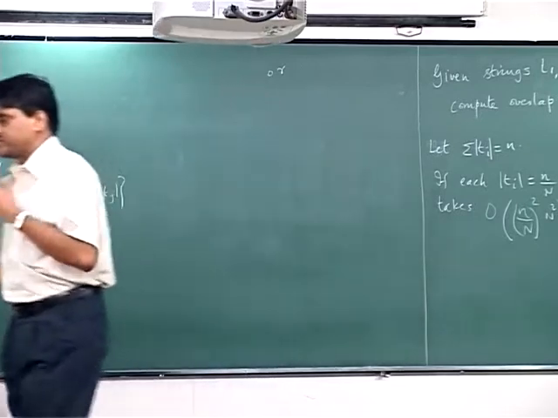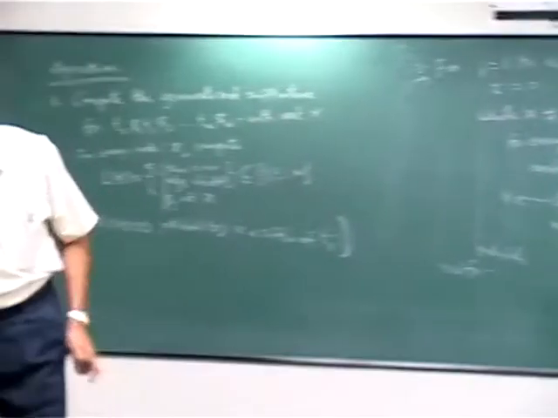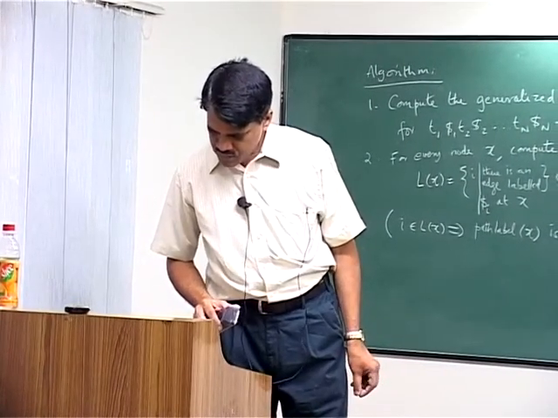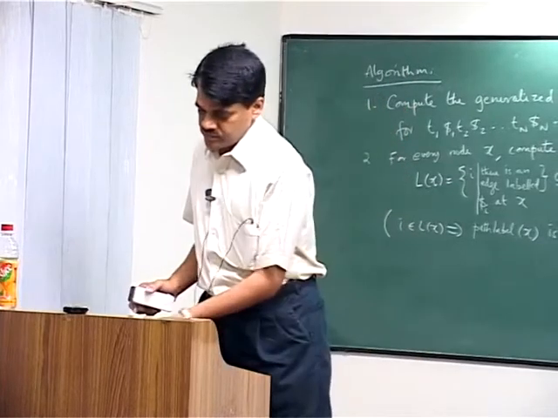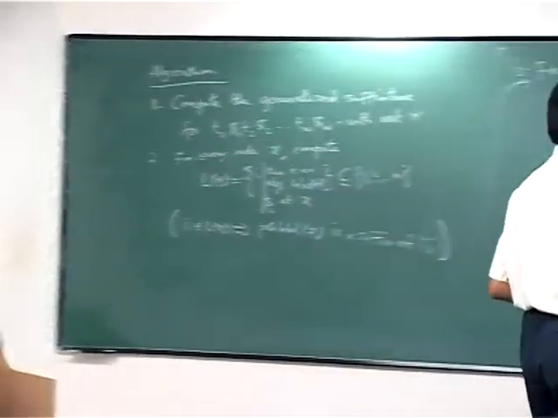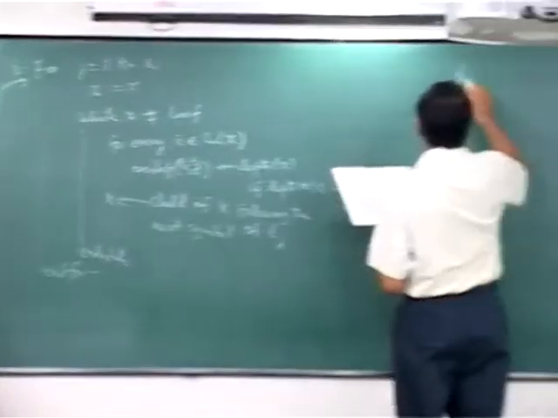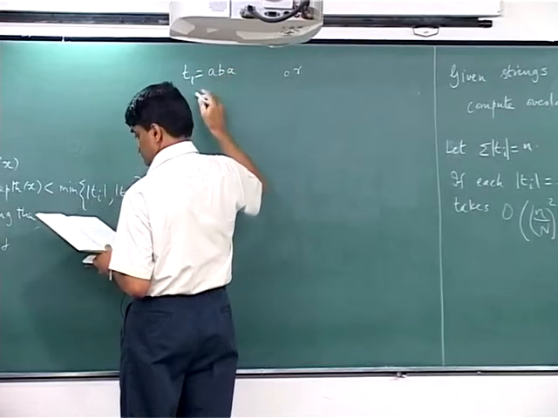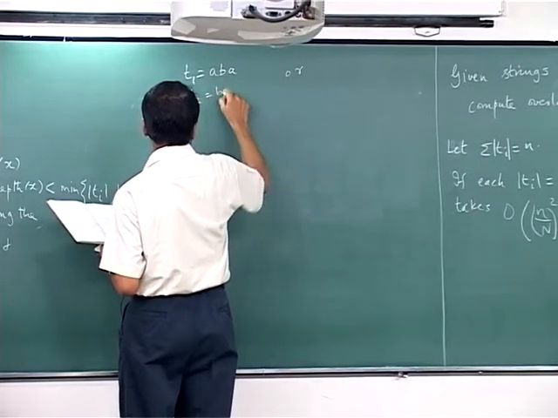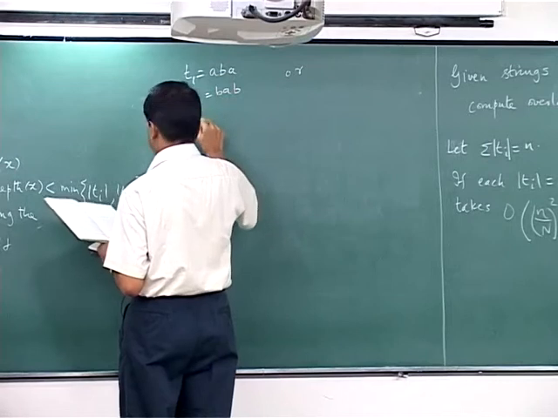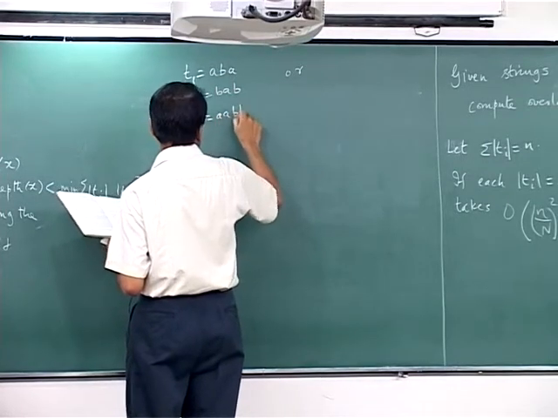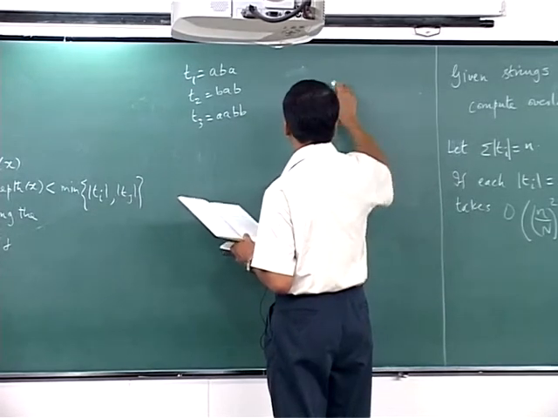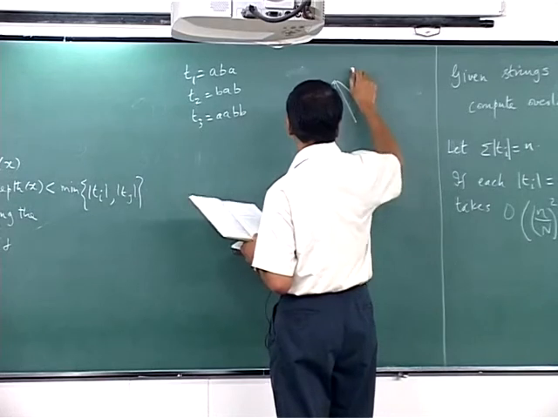So let's actually do an example. Let's say I have T1, and I'm just going to blindly write down what's here.